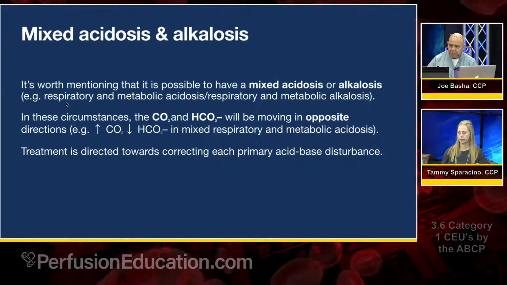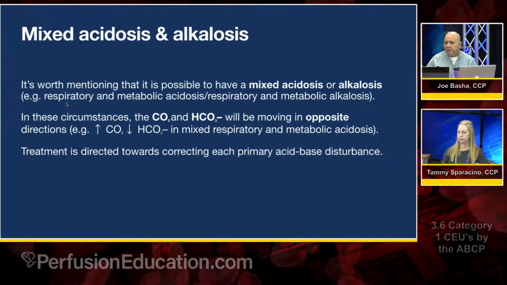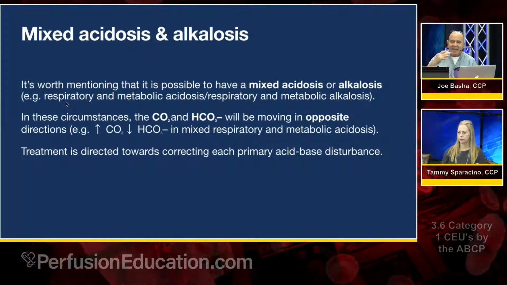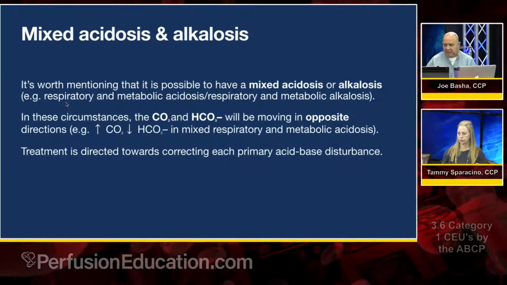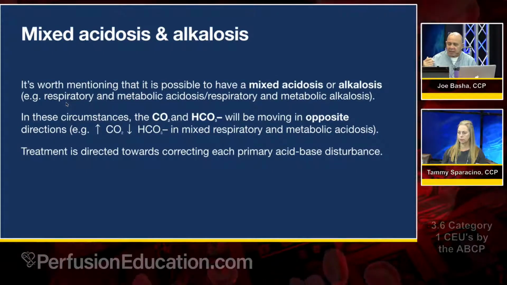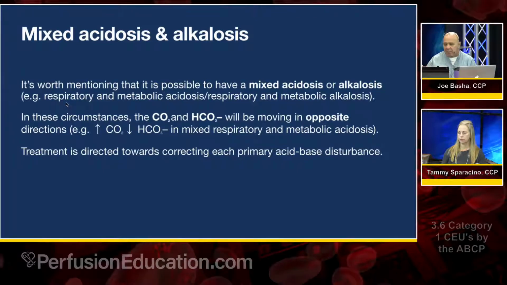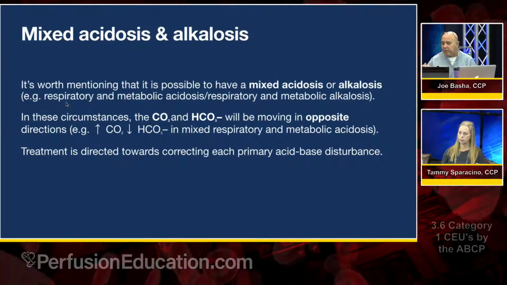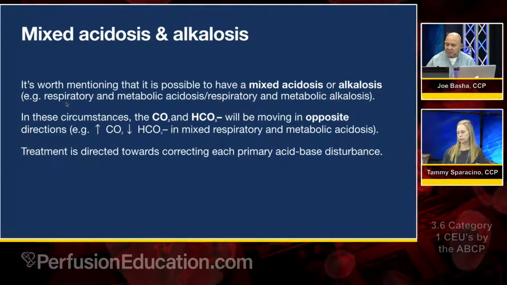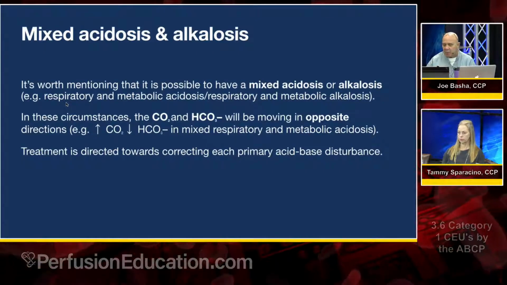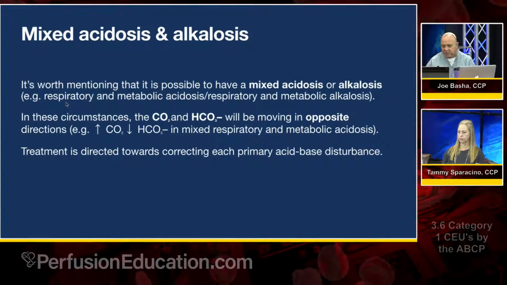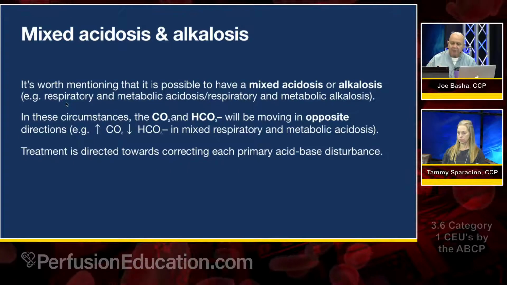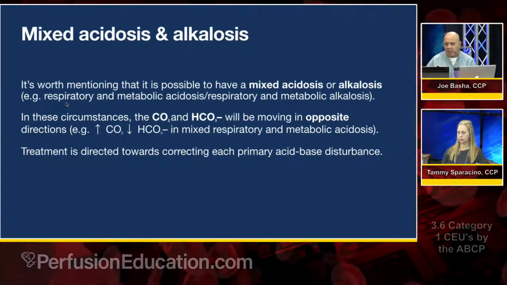It's also important to mention that you can have mixed acidotic and alkalotic states, such as respiratory and metabolic acidosis, or respiratory and metabolic alkalosis. In these circumstances, the CO2 and the bicarb will be moving in opposite directions. For example, the CO2 is going up and the bicarb is going down.